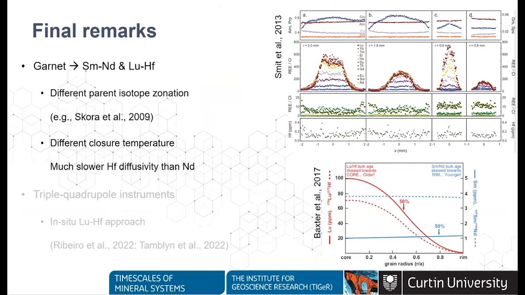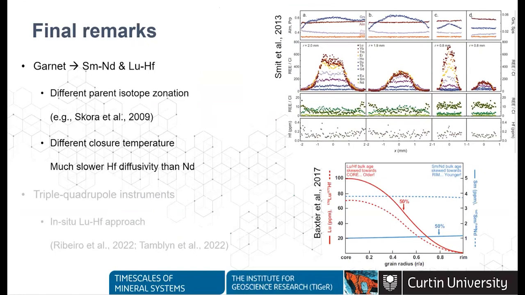Here, a paper from Smith, 2013, we can see this kind of bell-shaped trace element distribution, which is pretty classic, with heaps of lutetium in the core of the garnet. And when you look at the samarium, it's just kind of flat. This creates a skewed distribution with lutetium being more concentrated in the core.